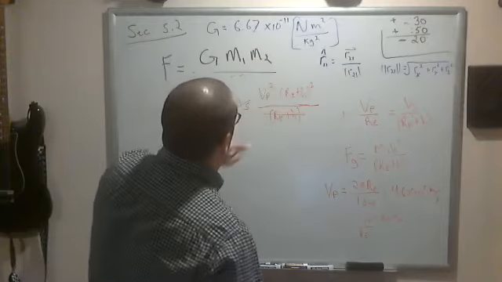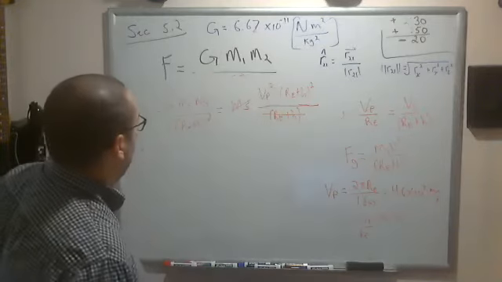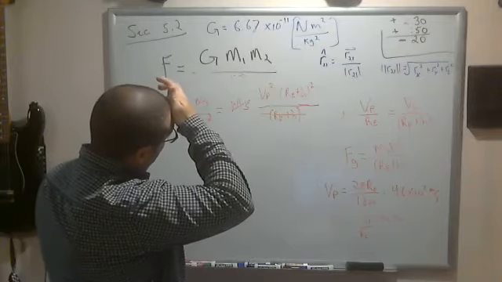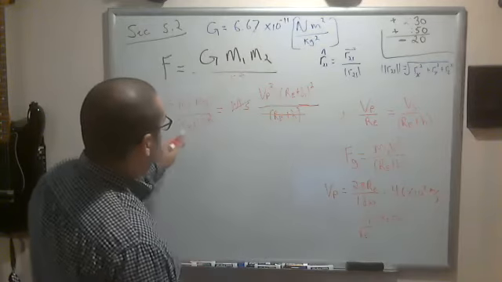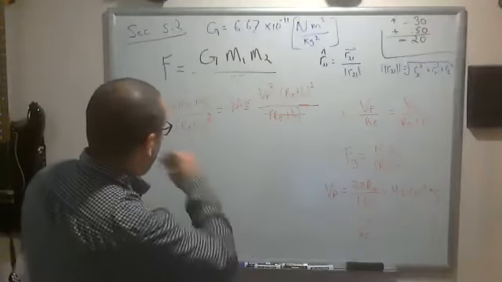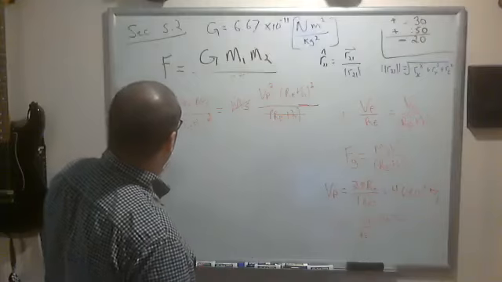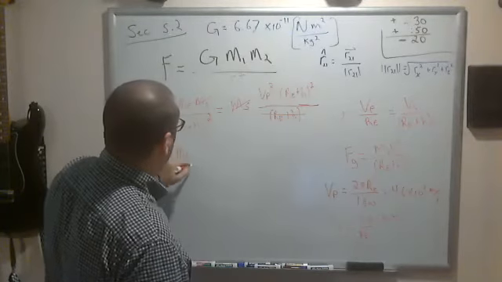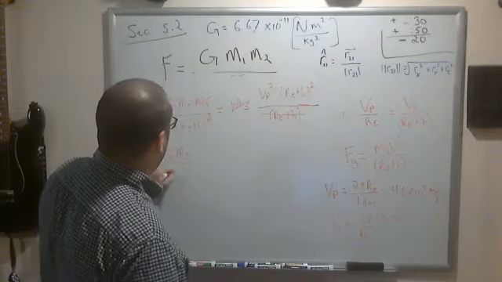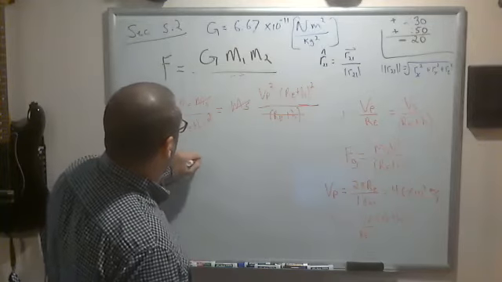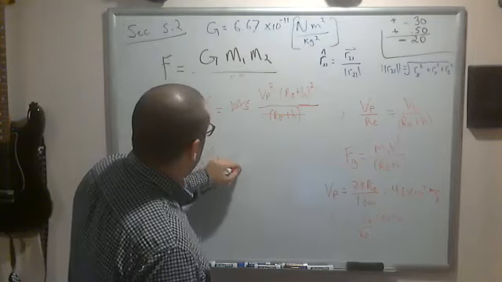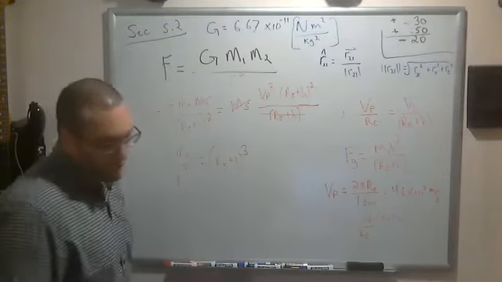These two cancel out, and then we can bring it over to the other side. I'll bring VP to the other side, and what we end up getting is RE plus H cubed.